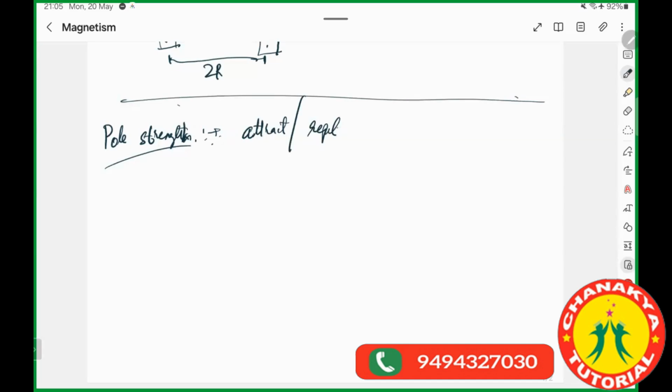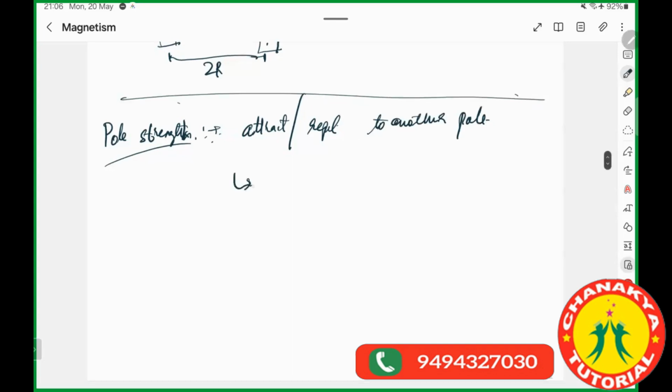It is attractive or repulsive to another pole, but attractive to only some substances. So it has two types of properties: attractive or repulsive for any pole, or just attractive for any material.